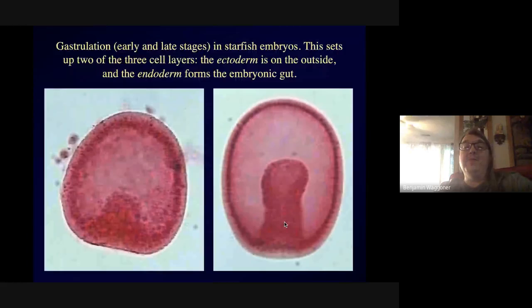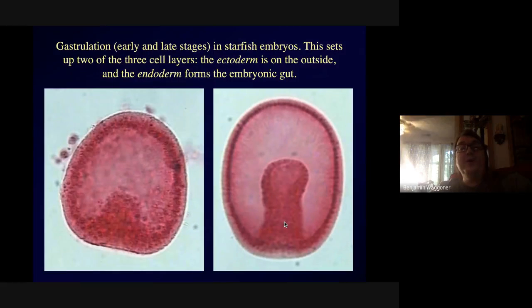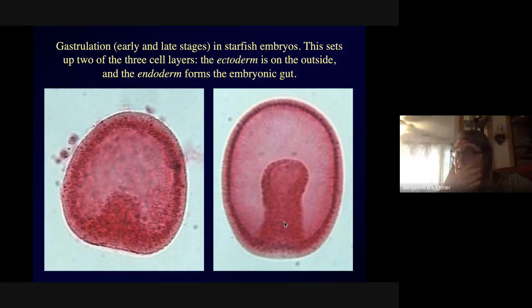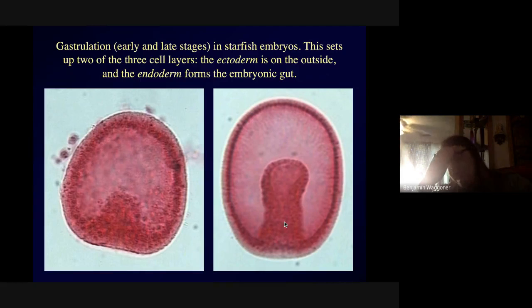And here's an example of what it looks like in starfish embryos. You've got early gastrulation visible on the left. That's a hollow ball of cells. And you can see a dent is forming down at the bottom of it. Looks a little bit like if you took a balloon that wasn't inflated too much and you started pushing your finger into it.